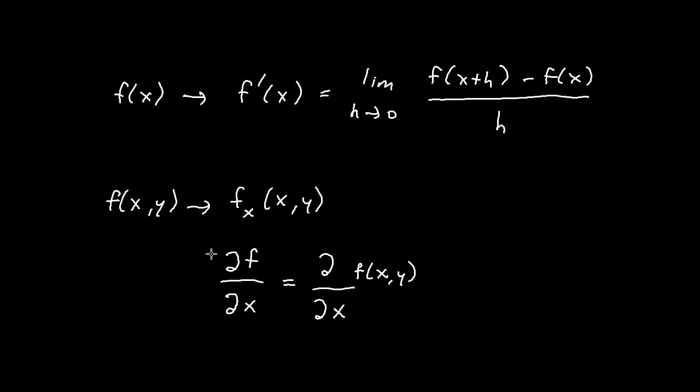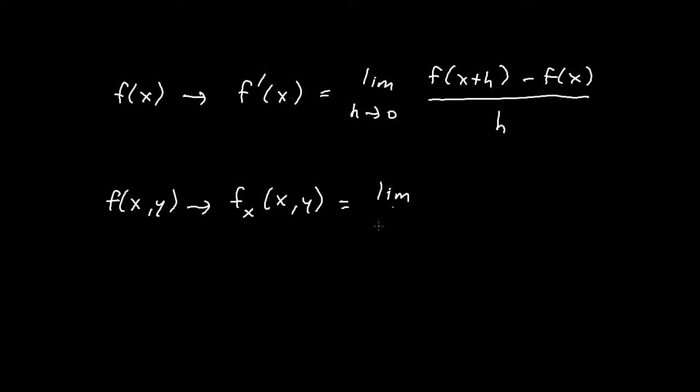And so I'm just going to go with the first notation here. F sub x of x and y is going to equal, the limit definition is going to be the limit as h approaches 0 of f of x plus h comma y minus f of x comma y over h.